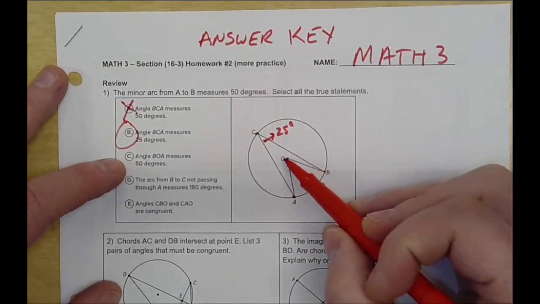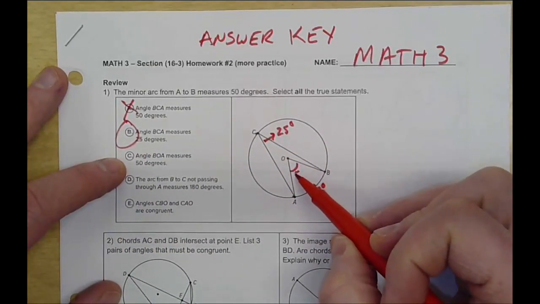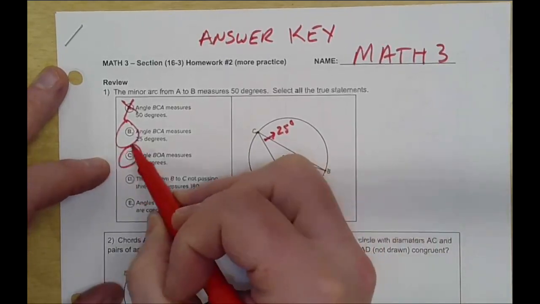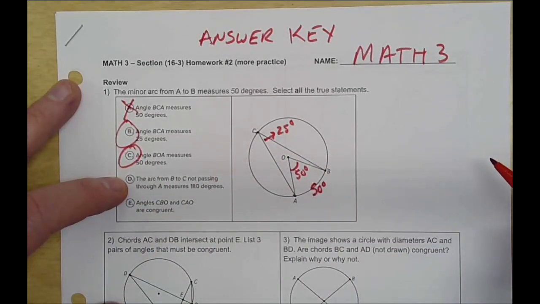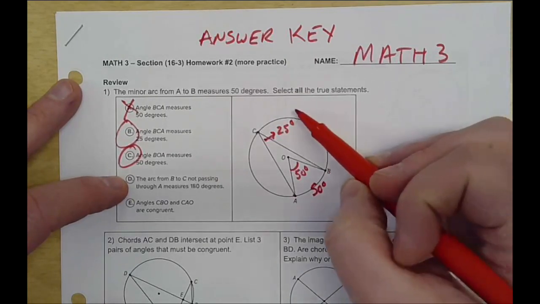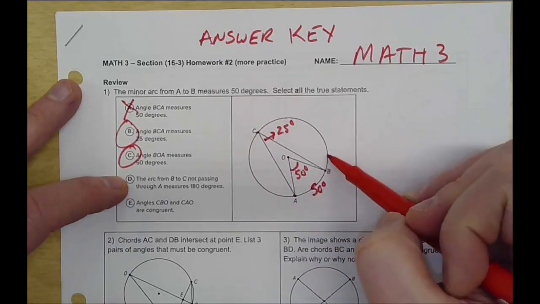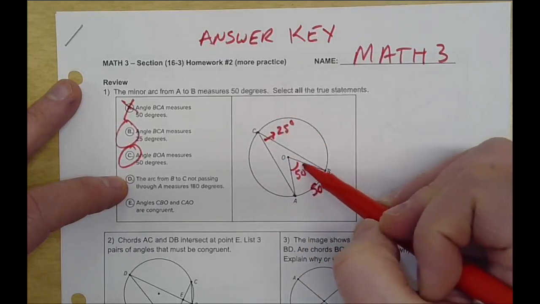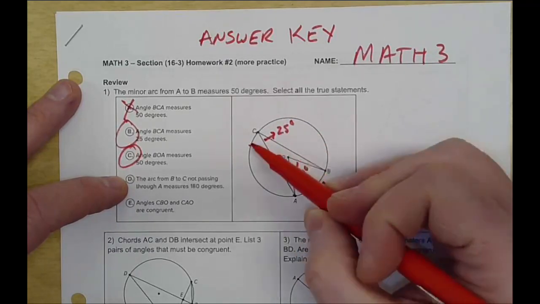Angle BOA, that's a central angle, so that's going to equal 50 degrees. That one's right. The arc from B to C, not passing through A, is 180 degrees. This arc is not 180 because B to O straight across would be the diameter.